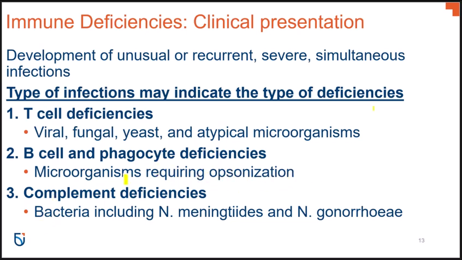People that have complement deficiencies, these are associated with increased infection from the following bacteria, including Neisseria meningitidis and Neisseria gonorrhea. So the effects of what you see and what's happening in the person's body can give you an idea of what type of deficiency might be present.